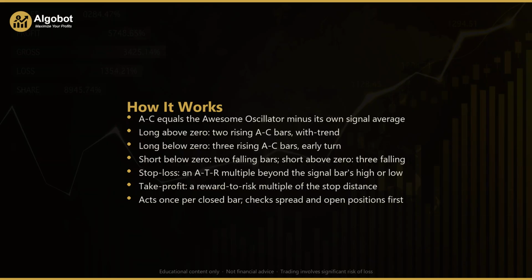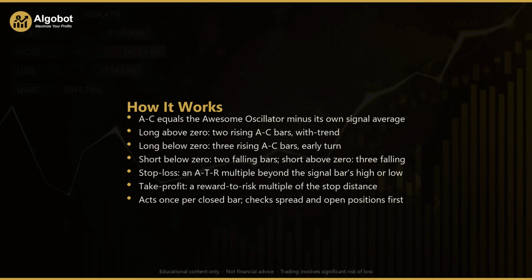When a long signal fires, the entry is taken at the ask price. The stop loss is placed below the signal bar's low, at a distance of the average true range multiplied by the stop factor, which defaults to 1.2. The take profit sits above the entry at the reward to risk multiple, defaulting to 1.6 times the measured risk. For a short, the logic flips.